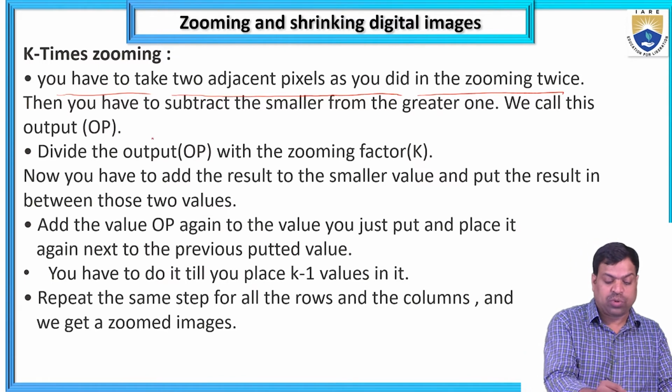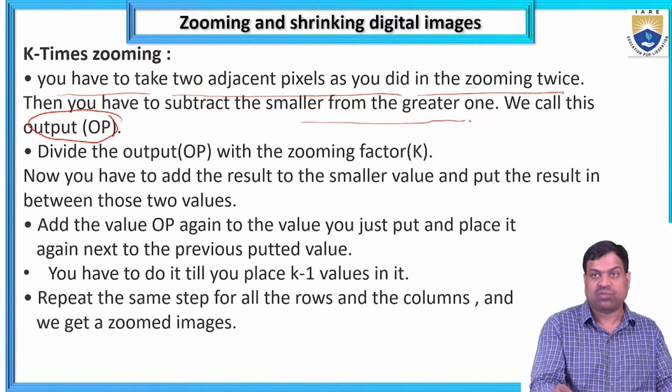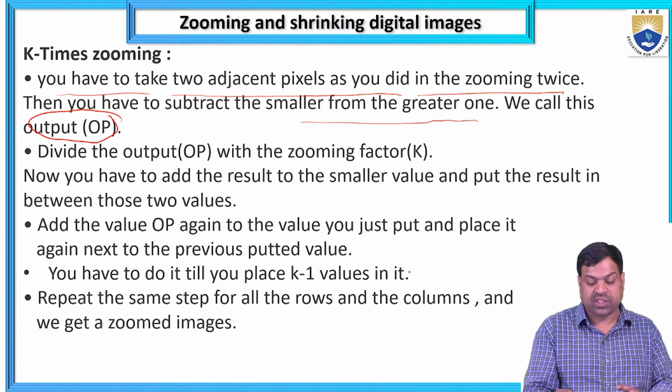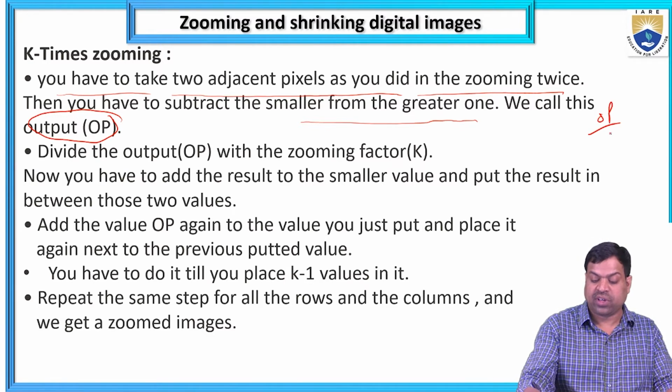What is the output for k times zooming? We subtract the smaller from the greater and divide the output by the zooming factor. After getting greater minus smaller, that is the output value, and we divide that output value by the zooming factor k. Output by k. That is zooming.